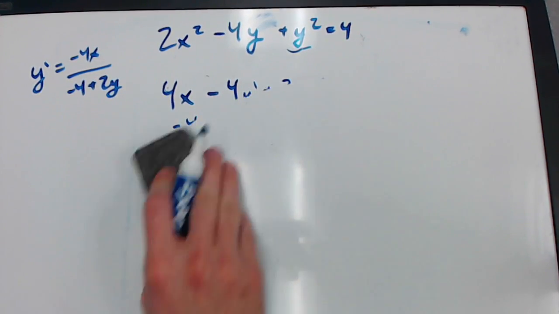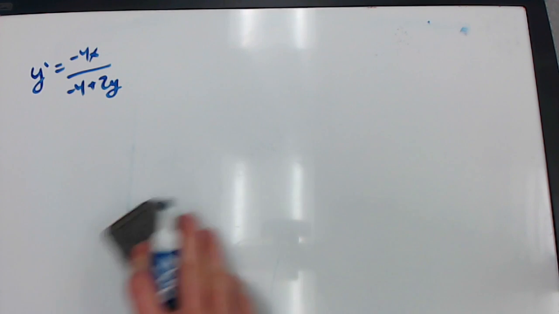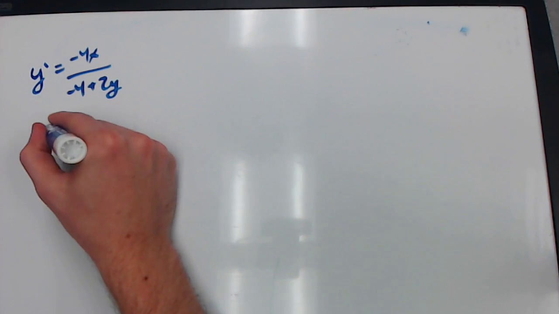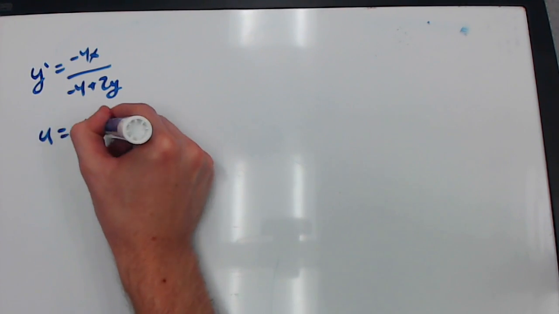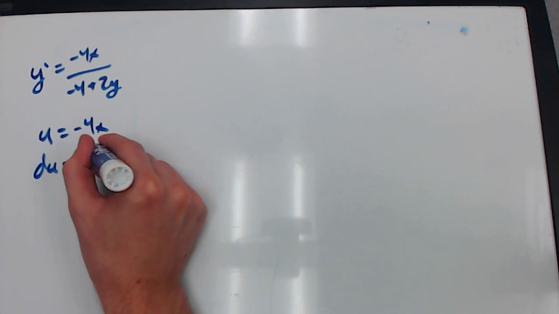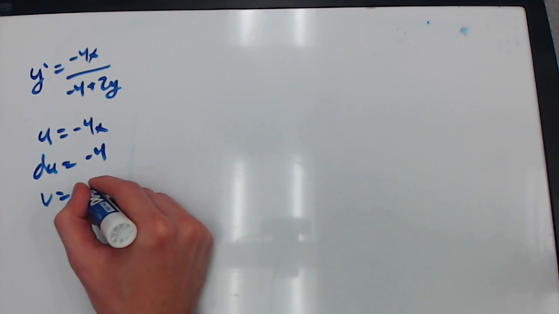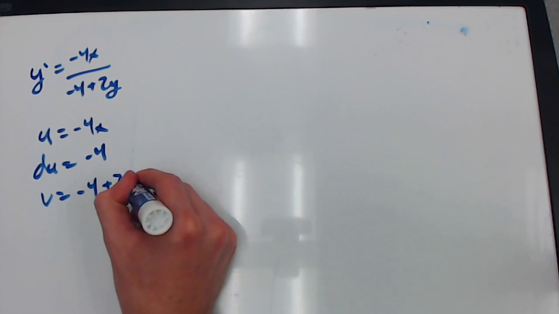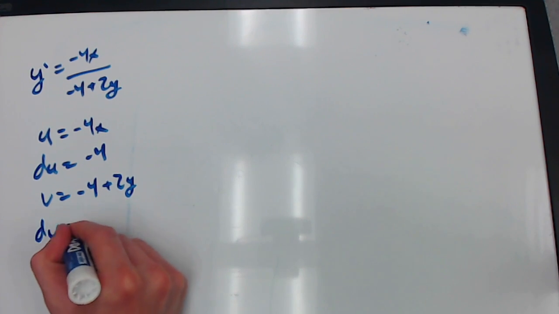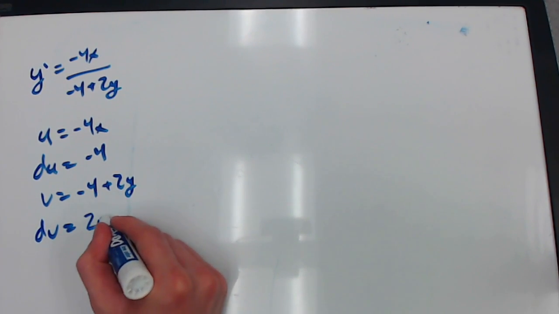Okay. So we know we're going to have to use quotient rule. So our u is going to be our negative 4x, so our du would just be negative 4. Our v is going to be our negative 4 plus 2y, so our dv is just going to end up 2y prime.